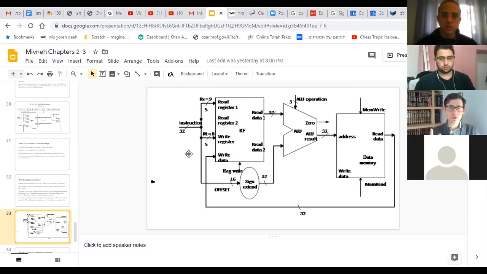I had a quick question about the sign extender. We talked about it in a previous class at length about how you can only move a certain amount.